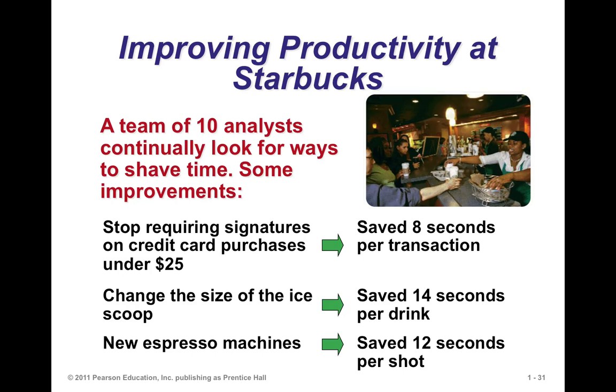Change the size of the ice scoop, so we might be able to actually do more in less time. New espresso machines that are likely more efficient, faster, and as you could see, the new espresso machines save 12 seconds per shot. And you might say, well, that's not much, but add that up over how many shots you do per year, you'll find a significant savings. 14 seconds per drink by changing the size of the scoop.